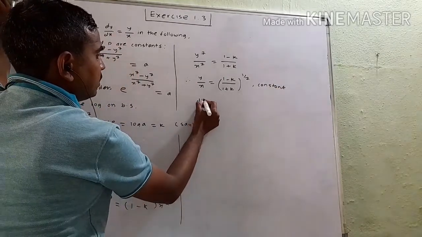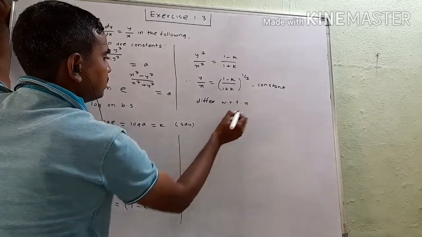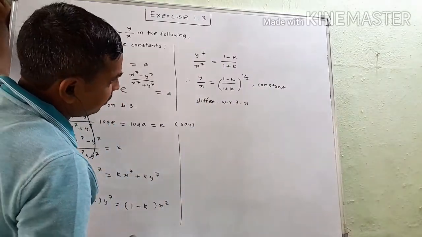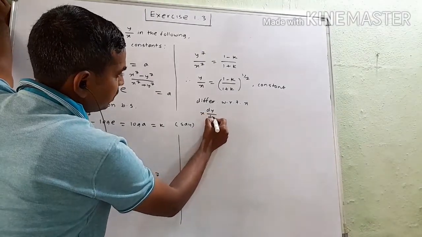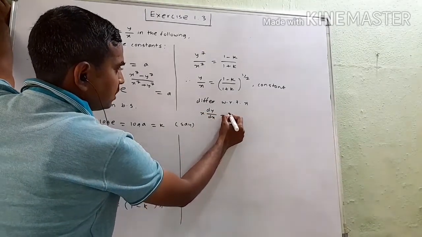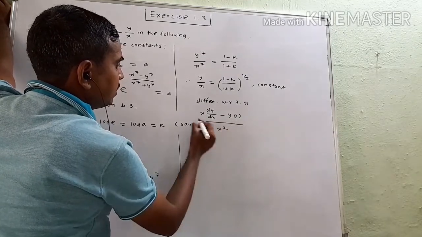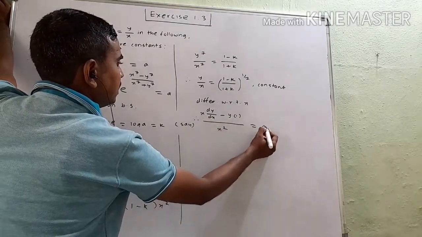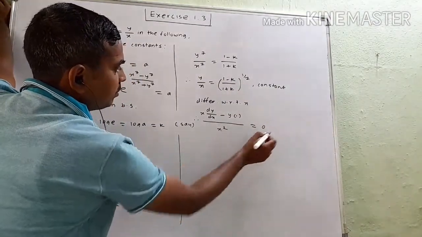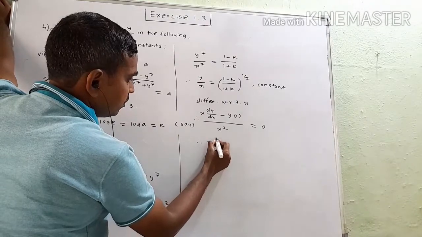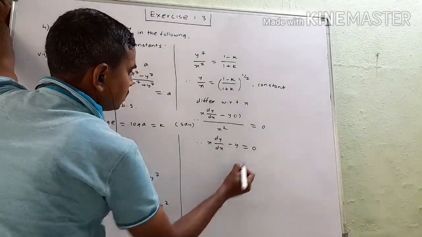Now we will differentiate in a similar manner with respect to x. So the derivative of y by x, u by v formula: denominator as it is, derivative of numerator with respect to x, minus numerator as it is, derivative of denominator, which is 1 divided by x square, equal to the right side derivative, which is 0 because this is a constant. Now if we multiply both sides by x square, we get x into dy by dx minus y equal to 0.